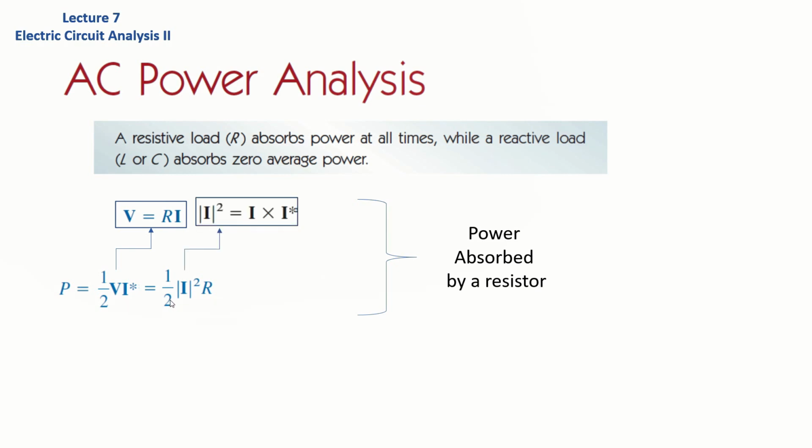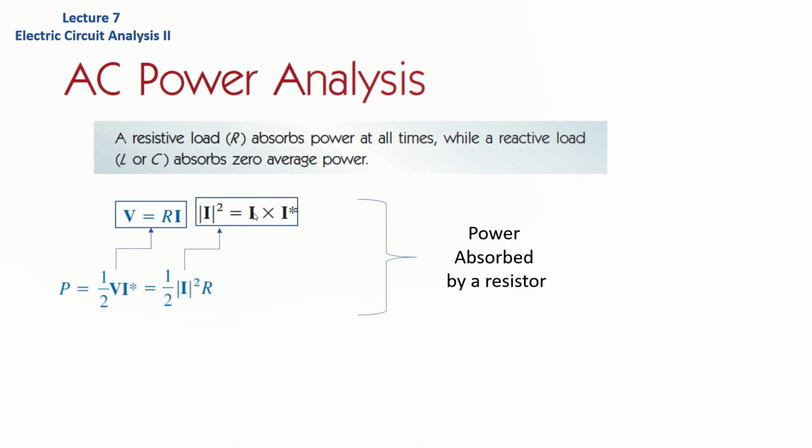That is because the magnitude of phasor I squared is obtained by this expression. Here, this is the phasor of I, a complex number, so let's say it is a plus jb, and this is the conjugate of phasor of I. So the conjugate of phasor of I would be a minus jb.